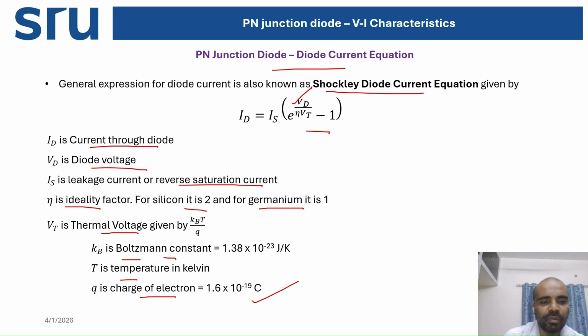So V_T, the thermal voltage, can be expressed as k_B T divided by the charge of the electron. So this is the Shockley diode current equation for a PN junction diode, right? Did you get it?